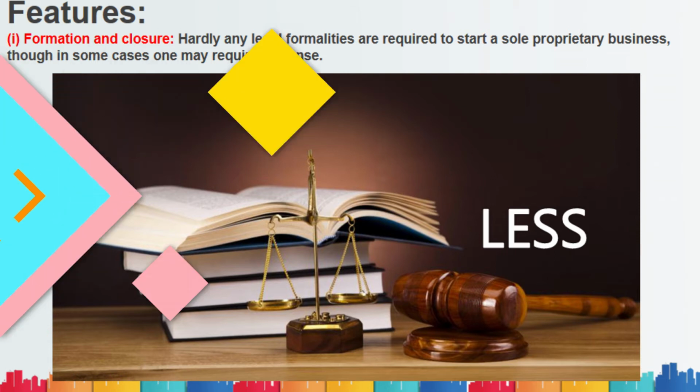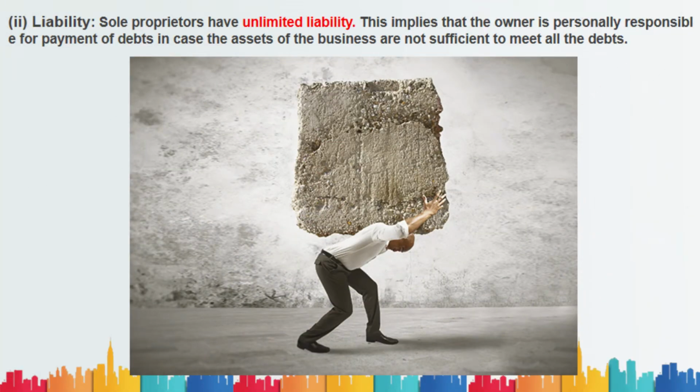Moving on to the next feature, that is liability. The liability of the sole proprietor, or single owner, is unlimited. For what are you responsible without limit? The debts made for the business. That means the owner is responsible for payment of debts.